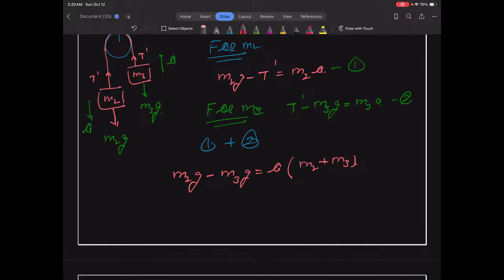From here we can write that our acceleration a will be equal to m2 minus m3 times g divided by m2 plus m3.